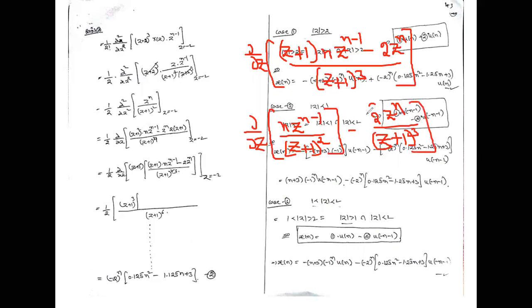This is also ∂/∂z, at z = -2. Take n as a common term because it is not with respect to z here.